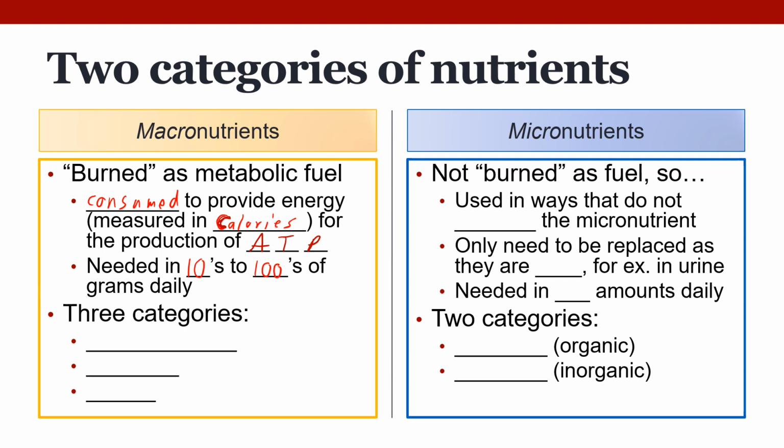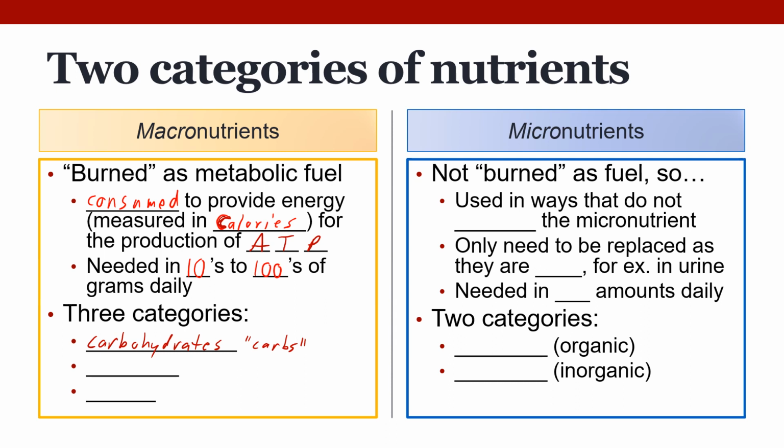There are 3 categories of macronutrients. The first and usually the largest part of our diet is carbohydrates, collectively known as carbs, or colloquially known as carbs these days.